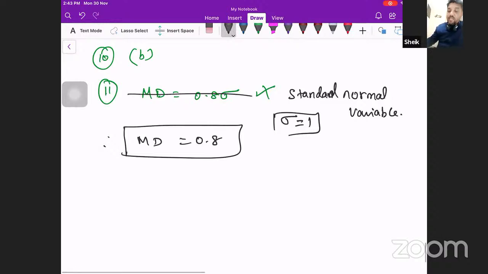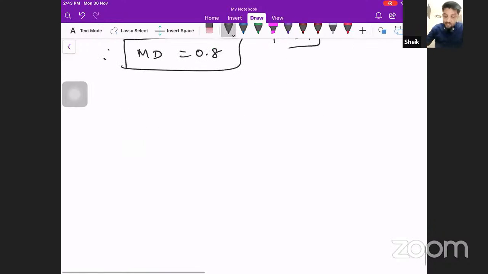If you put 0.8 sigma, then you will lose your mark, my dear. If you mark option C, then definitely it's wrong. Option D is the right answer. When you read the question, you should be very careful. That is a standard normal variate. So in a standard normal variate, sigma is equal to 1. So therefore, 0.8 sigma is nothing but 0.8 into 1. Our option is D. Okay. Yes.